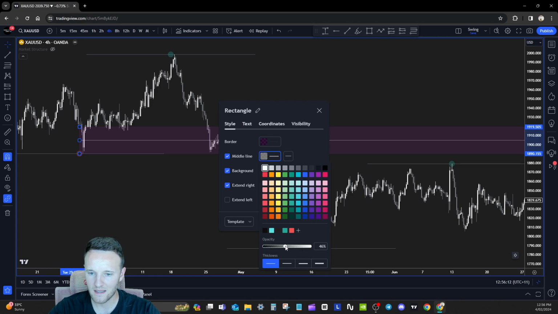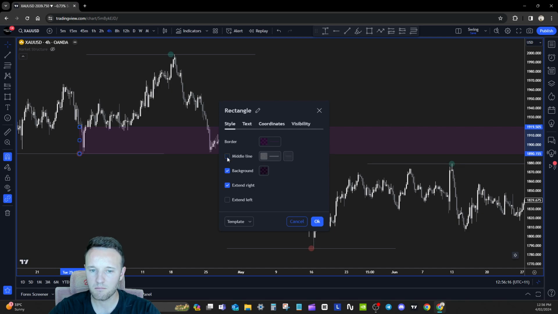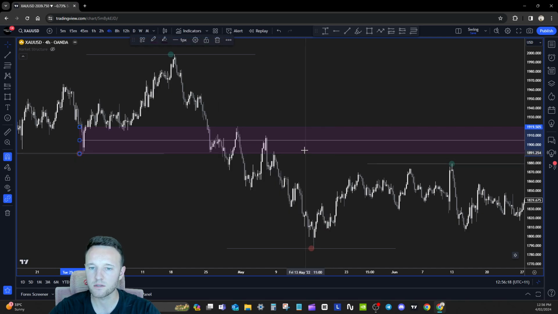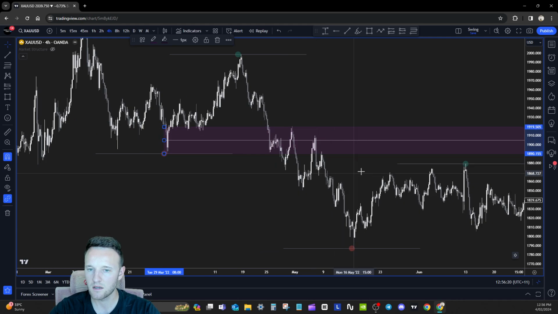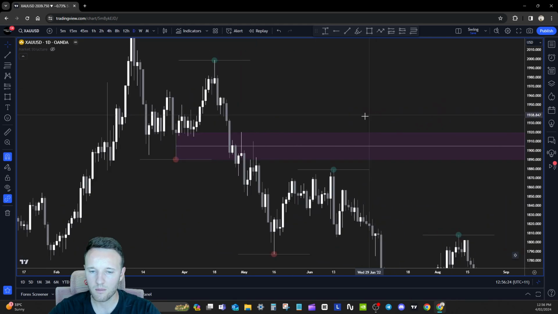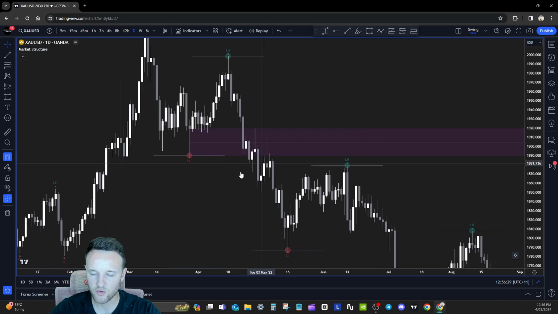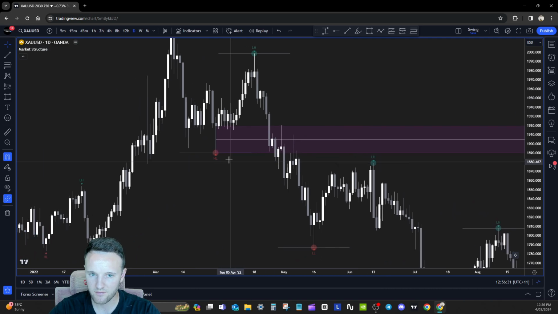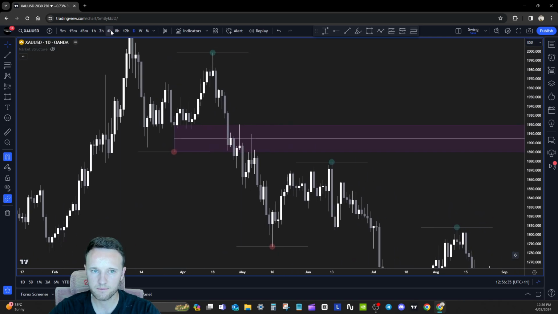I'm just going to make that a little less aggressive. So you can see I have middle line checked. That just brings up the midsection of this rectangle. And where I drew that was from the low wick to the body of this higher low structure point.